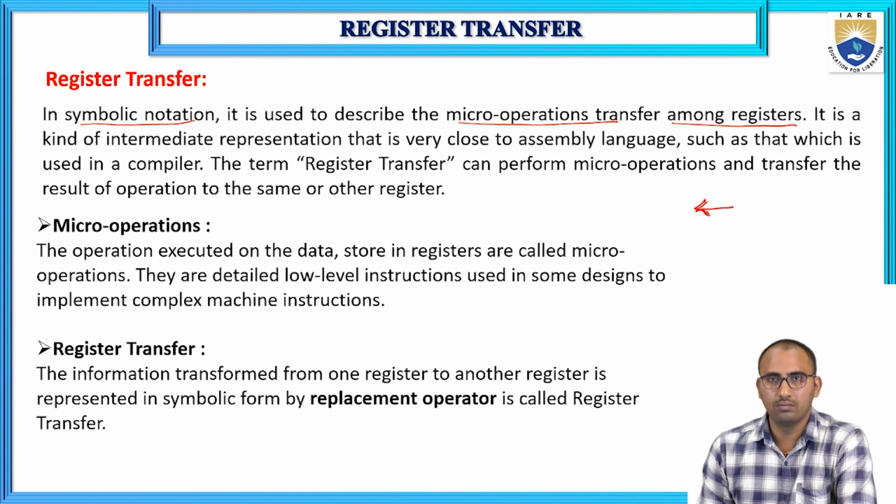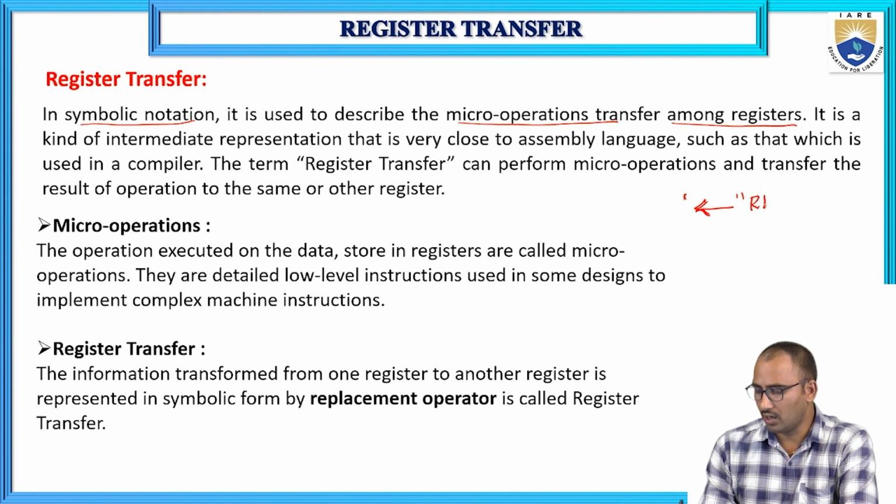This arrow represents the register transfer from one register to another register. Suppose you have R1 arrow R2, that means the contents of the R1 register we are copying to the register R2. So that is a register transfer.